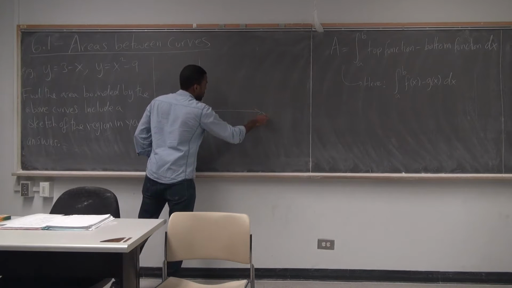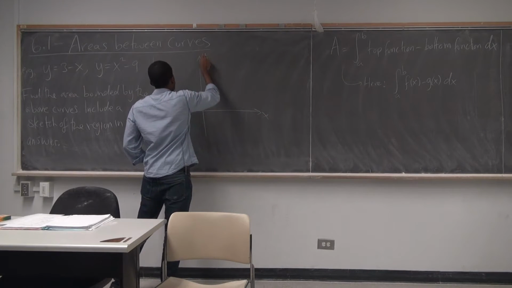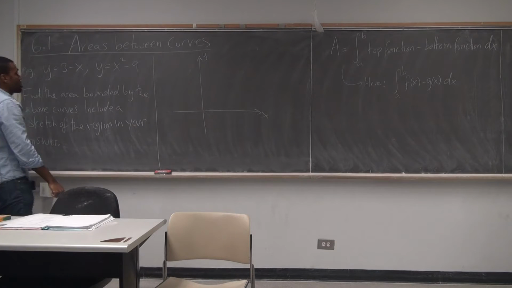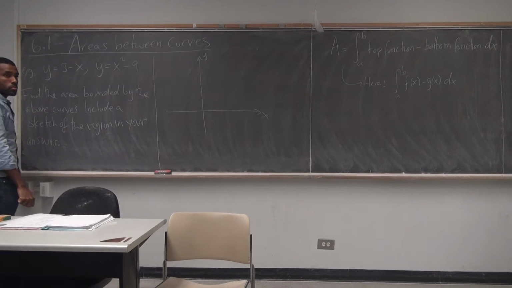What's going on here? What does 3 minus x look like? It's a straight line. How does it look? Negative slope, going this way, and through where?